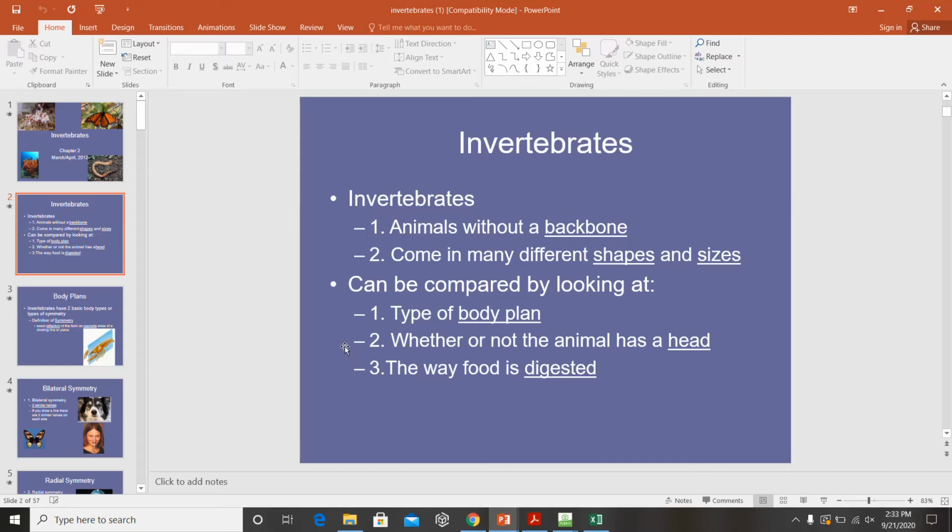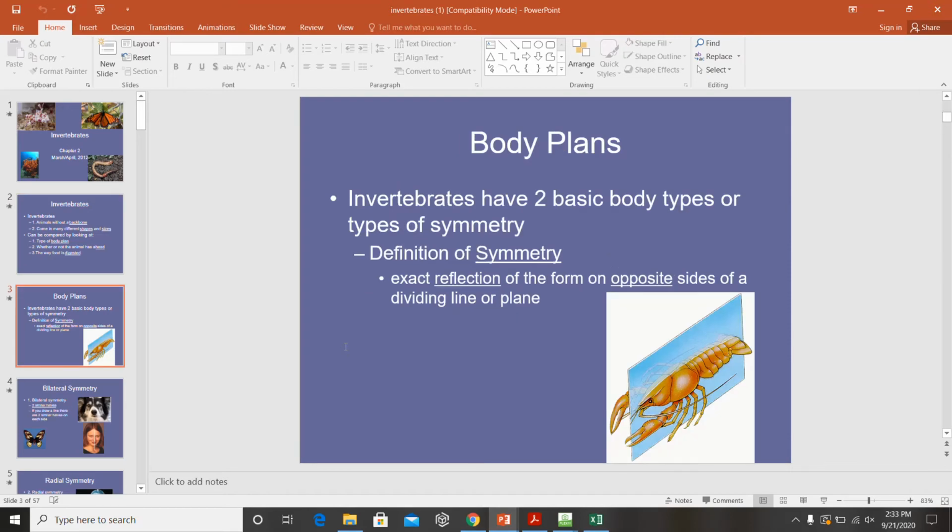So we're about to get into that. Body plans. Invertebrates have two basic body types or types of symmetry. Symmetry is an exact reflection of the form on opposite sides of a dividing line or plane, as you see with the crawfish picture given right here.